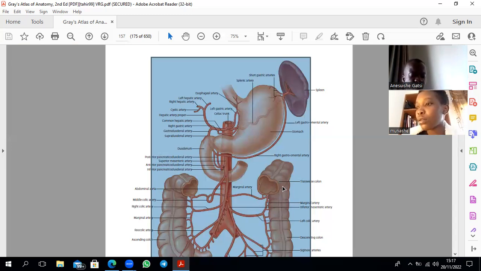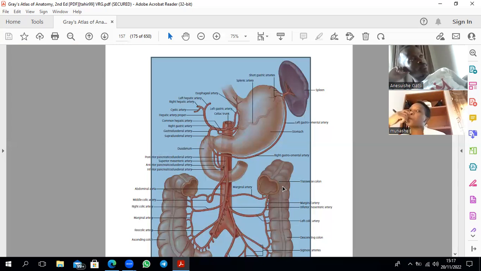Then it also gives blood supply to the lower third of the esophagus. So stomach and esophagus are continuous, right? Yes. It also gives blood supply to the lower third of the esophagus.